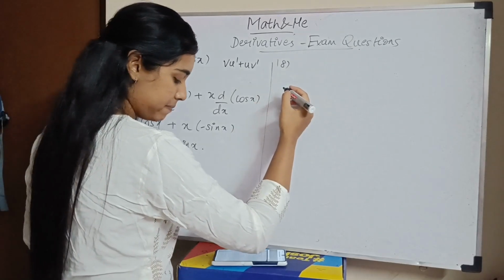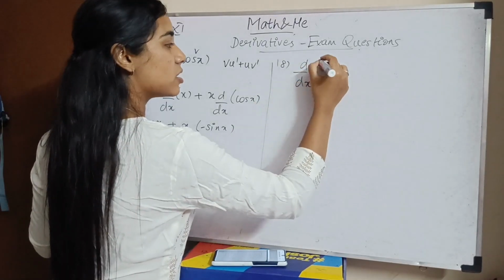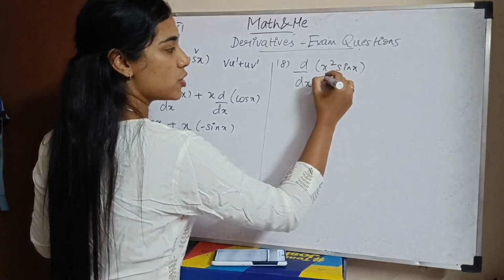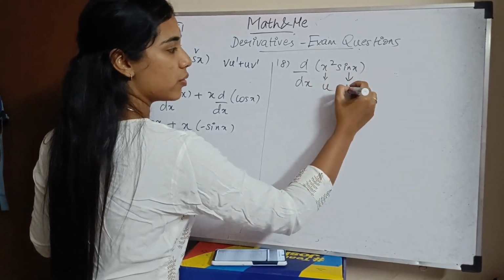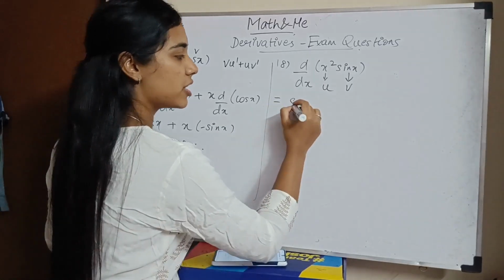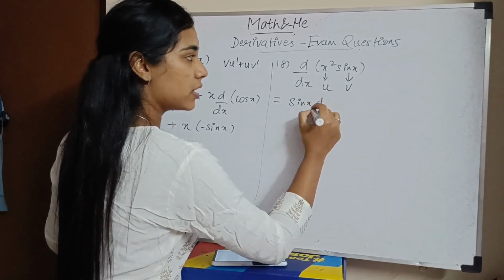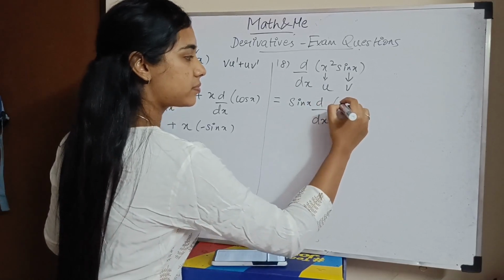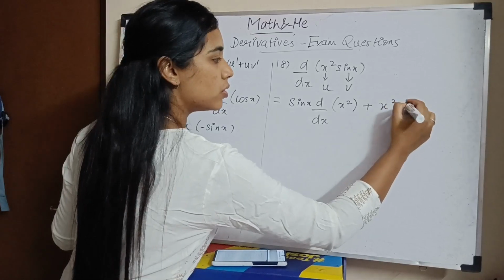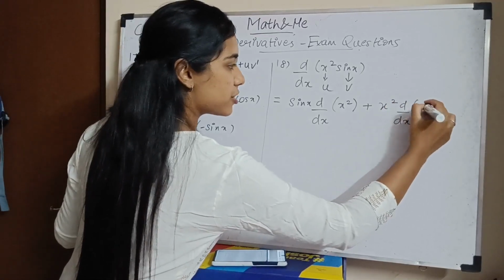Question number 18. d by dx of x square sin x. So in this case, what's your u? x square. What's your v? sin x. So when you substitute the formula, you have v u dash plus u v dash.